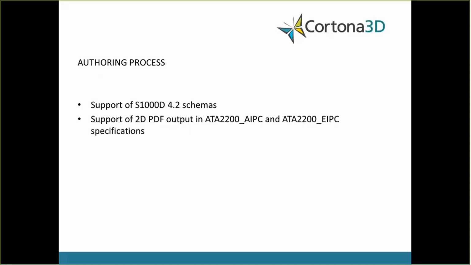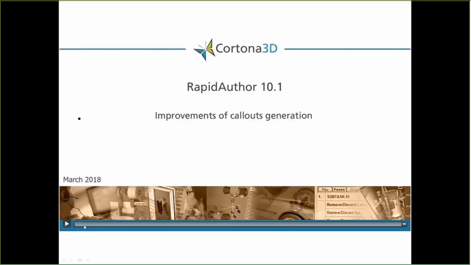Also, we have added the support of the 2D PDF publishing output for 2 additional specification components, the ATA 2200E IPC and ATA 2200E IPC. And there was quite a change in the callout generation of the product. So we will talk about this in more detail.